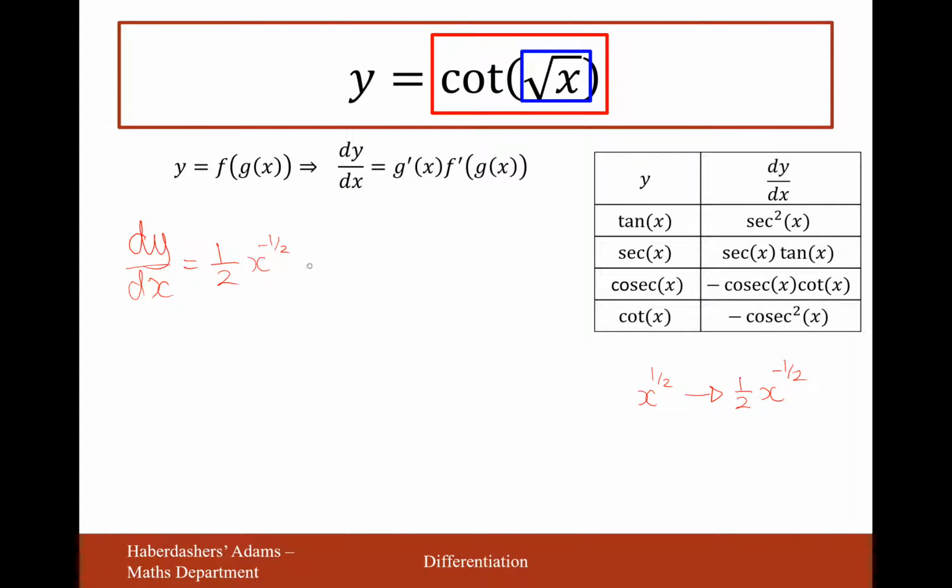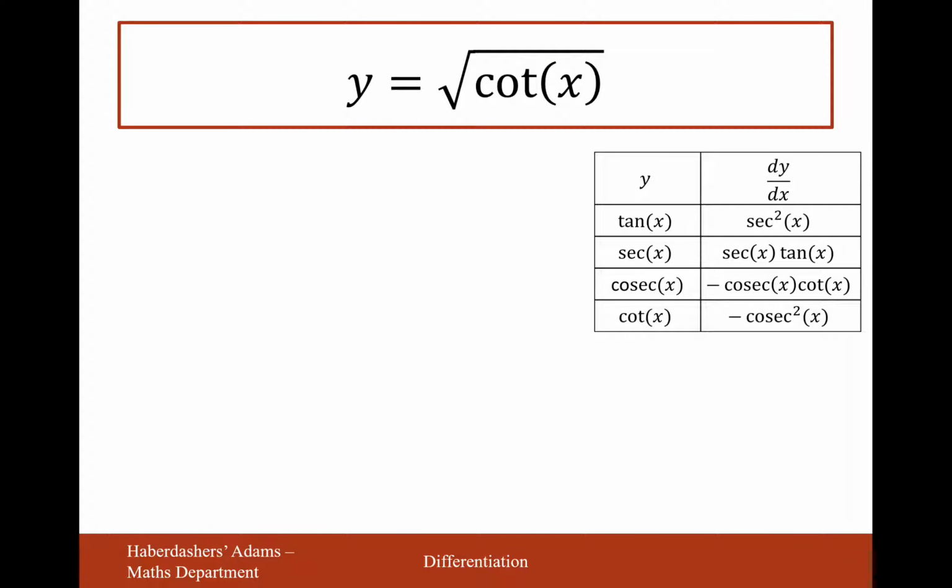We might sort that out in a bit. And then that outside function, cot differentiates to minus cosec squared of the inside function root x. Let's just finish this final answer off. It's going to be minus 1 over 2 root x times cosec squared root x. And there we are, that's the answer to this question.